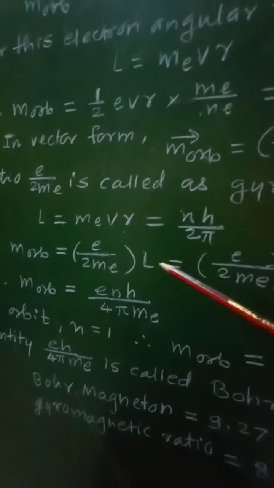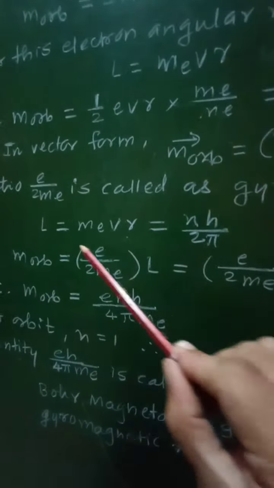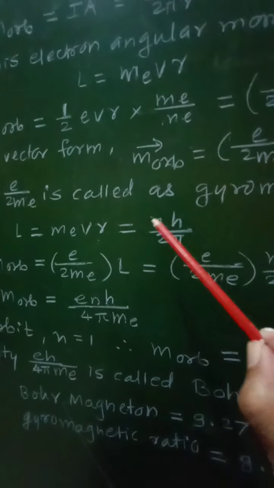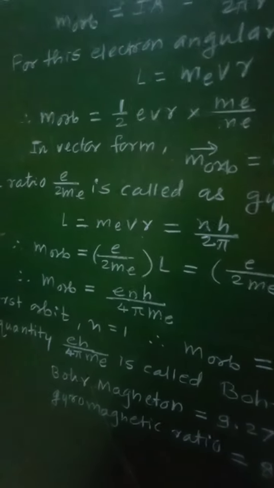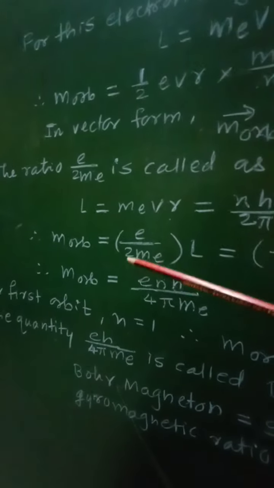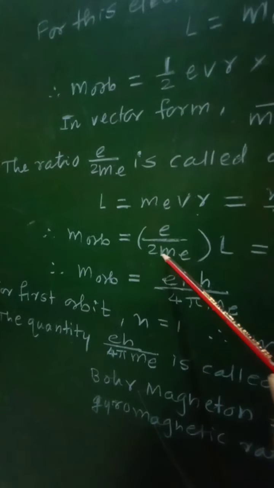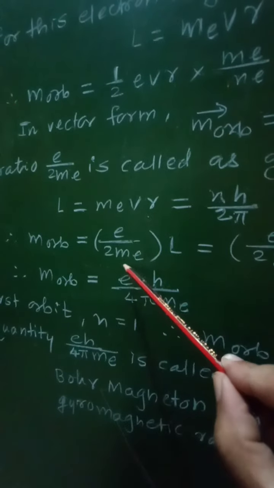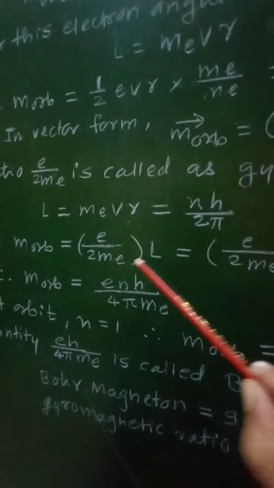So for any revolving electron, the angular momentum is n times h by 2 pi, and therefore the orbital magnetic moment m_orbital will be given as e upon 2m_e into L.